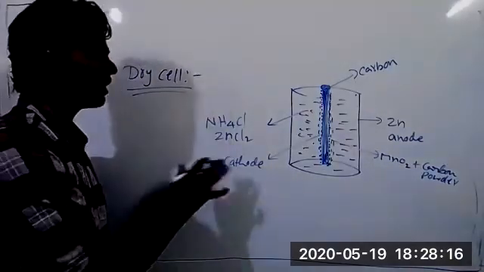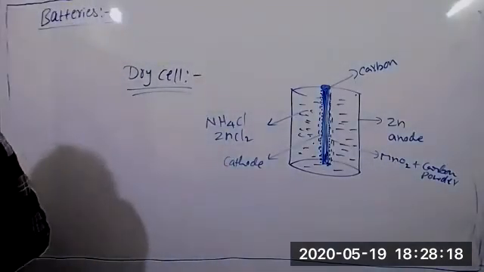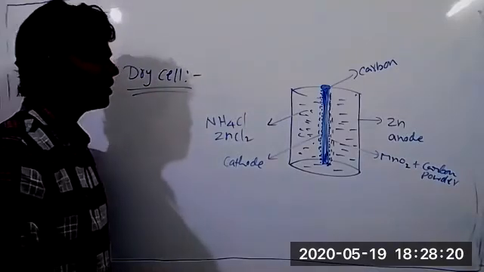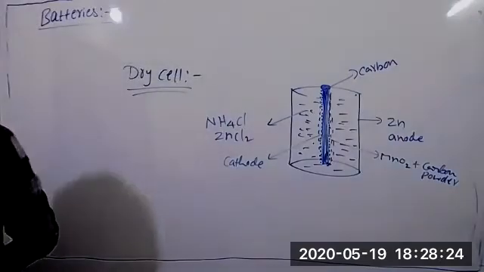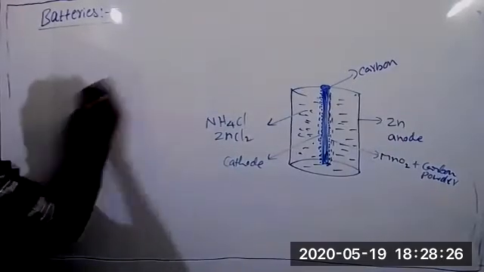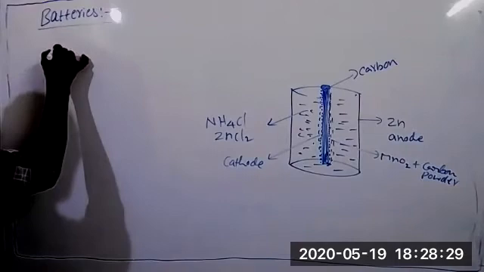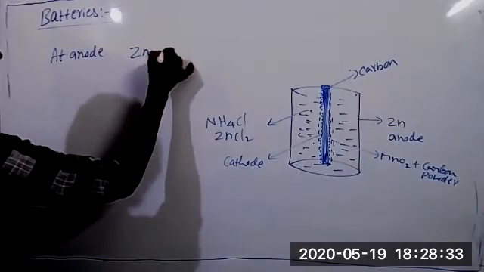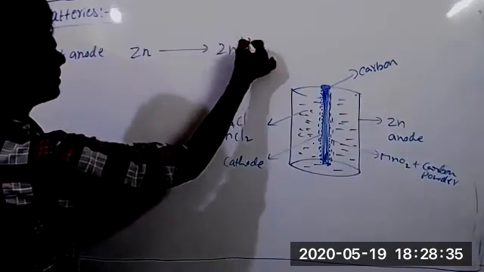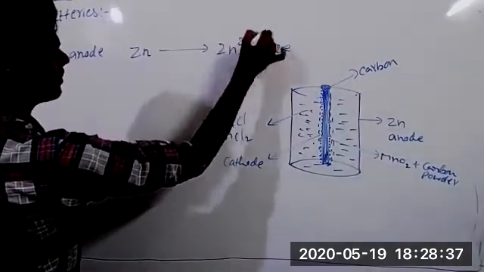Now see what the anode reaction and the cathode reaction are. At the anode, oxidation takes place; at the cathode, reduction takes place. At the anode, zinc becomes Zn2+ and releases 2 electrons.